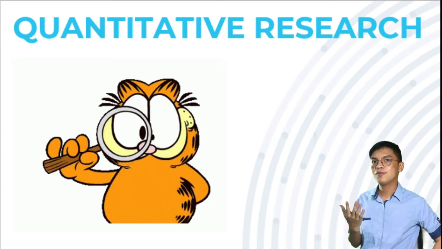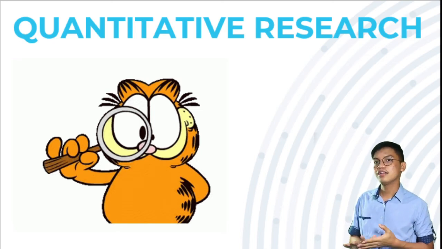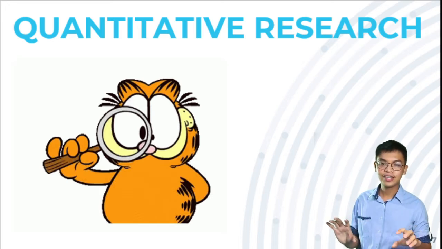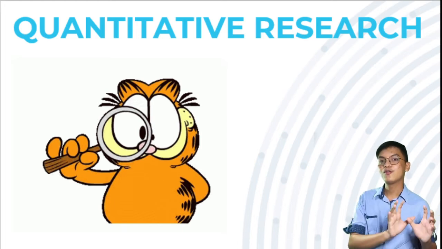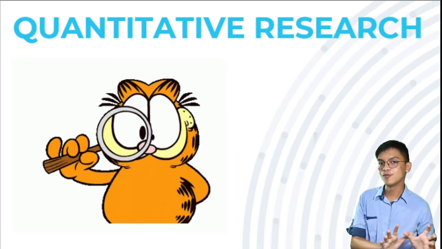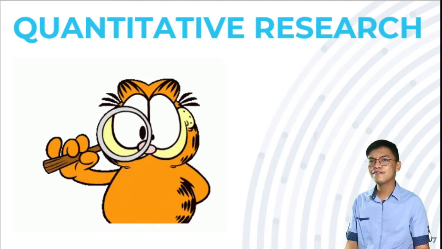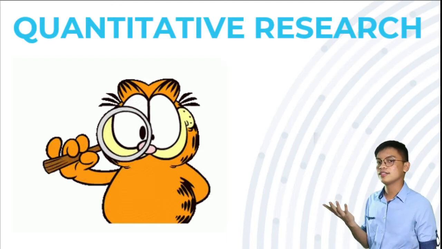So if I can compare quantitative research, it's more of investigating something. In an investigation, isn't it that you follow a procedure so that you can come up with a solution, and then from that solution we solve the problem, we solve the crime scene. So that's your quantitative research in a simple illustration.